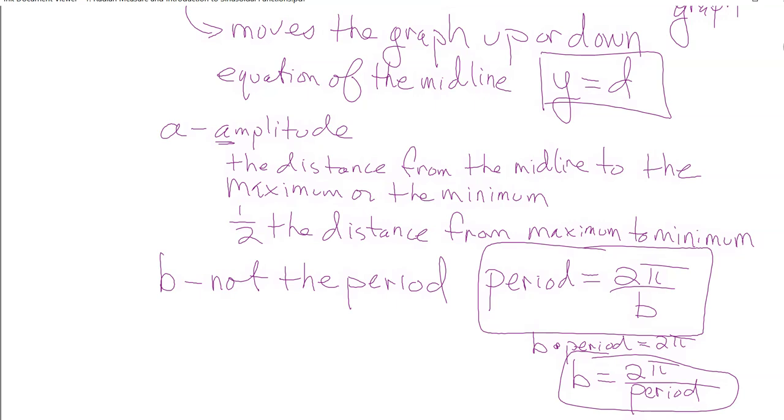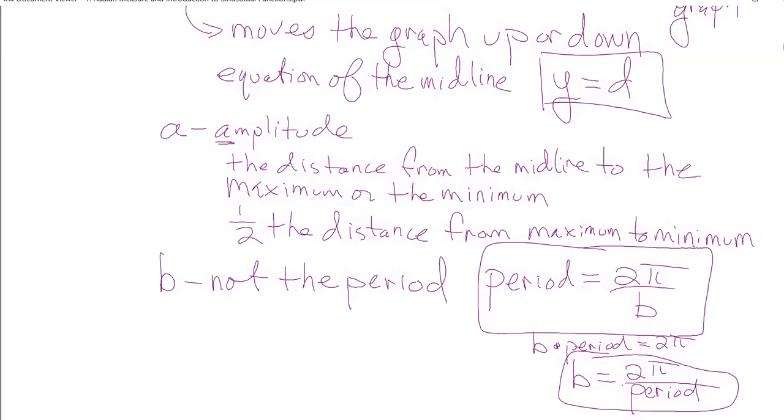Okay. So whenever you have a formula that says period is 2 pi over b, you can rewrite that formula just switching those two. And that's why it happens, right? So let's multiply both sides by b, and let's divide both sides by the period. Okay. So the quick way to go from here to here is just interchange b and period.